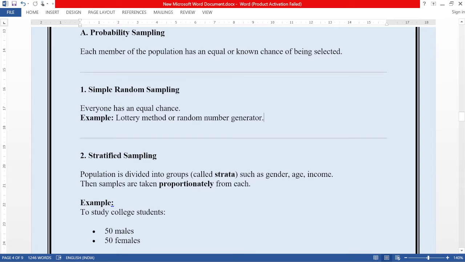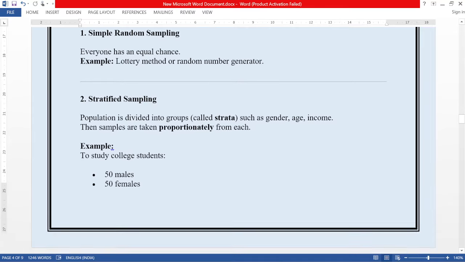So this is just an example. Apart from the lottery method, other methods are also used. Just understand that any sample can be taken from anywhere, so it has an equal chance to be selected.